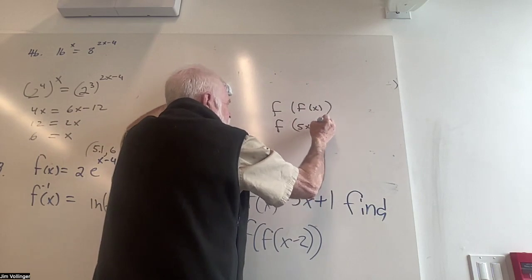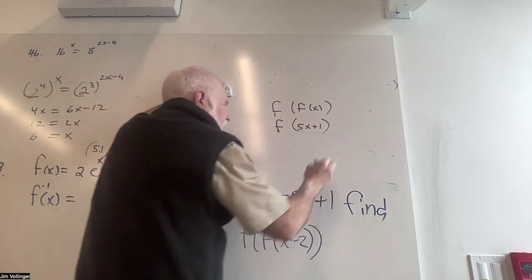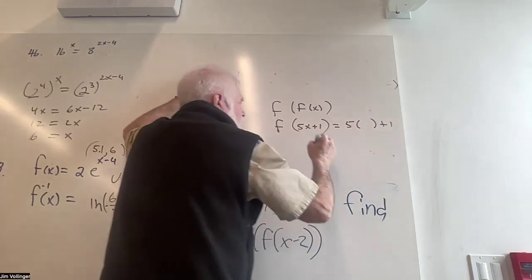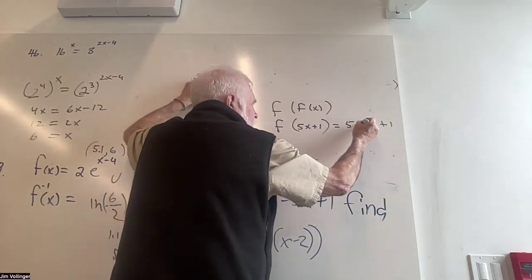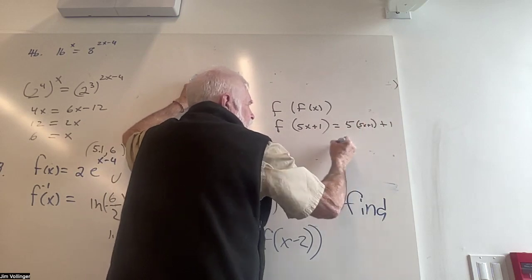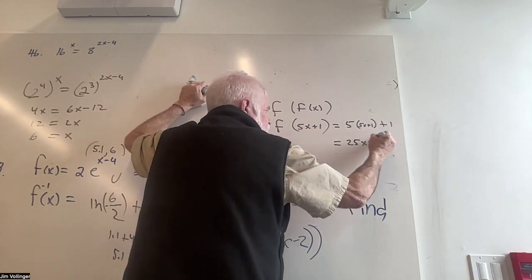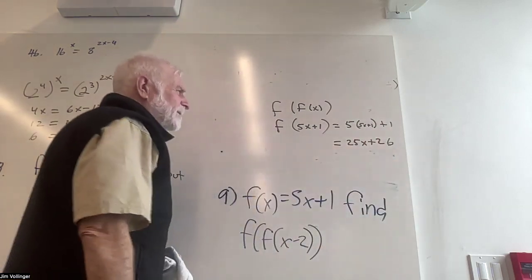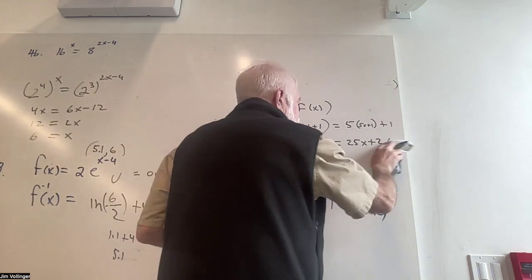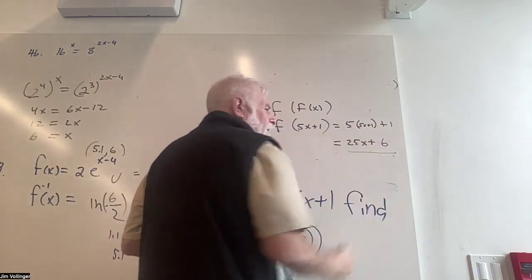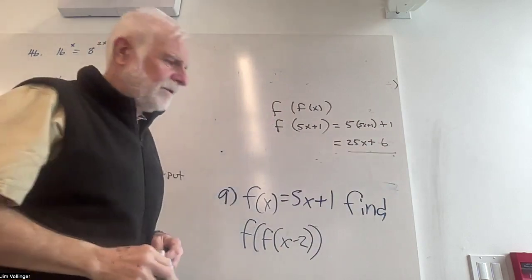So I'm going to drop 5x plus 1 in this parentheses. And I'm going to get 25x plus 25 plus 1 is plus 26. That's what I'm hoping I see. Nope, made a careless error. 5 times 1 is 5 plus 1 is 6.